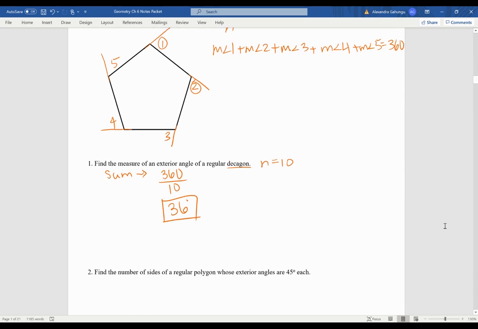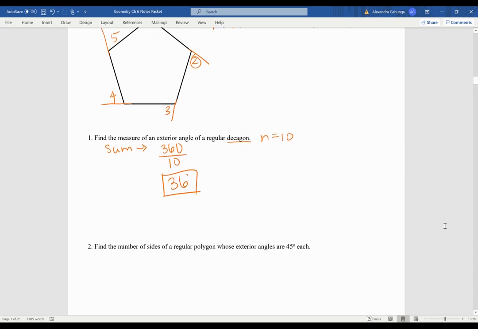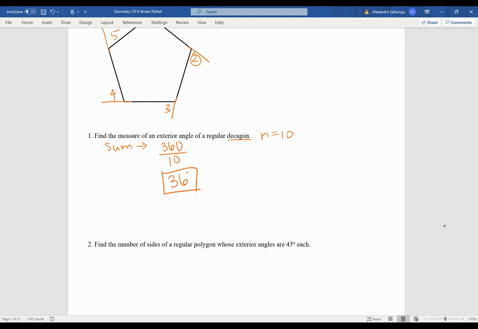We continue with that idea. We need to find the number of sides of a regular polygon. So now we don't know n, whose exterior angles are 45 degrees each. So my exterior angles, the sum is 360. To find each one, I'm going to divide by n, and they give us what each one is, 45, so it equals 45.